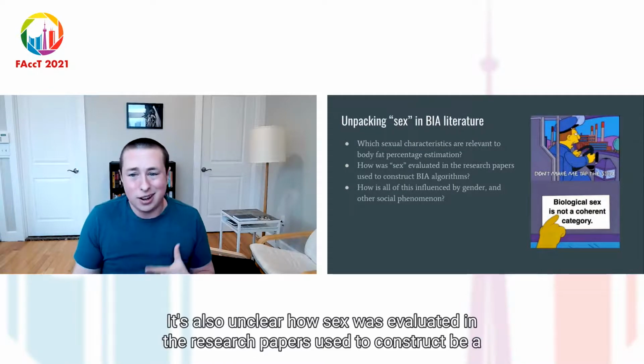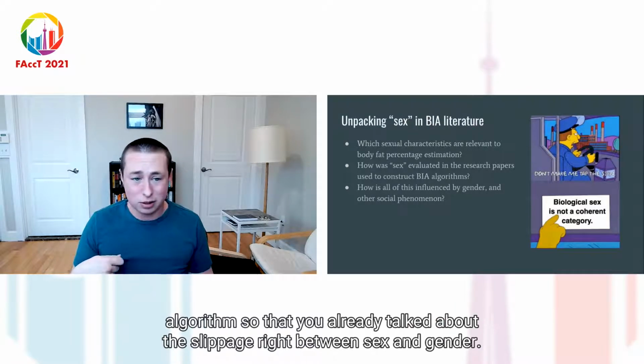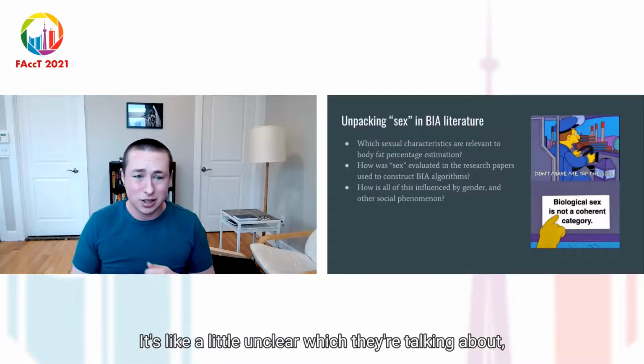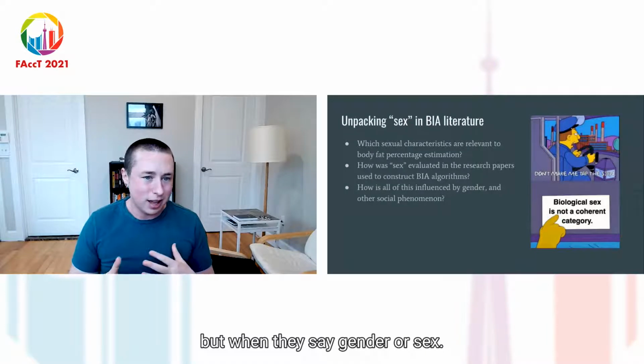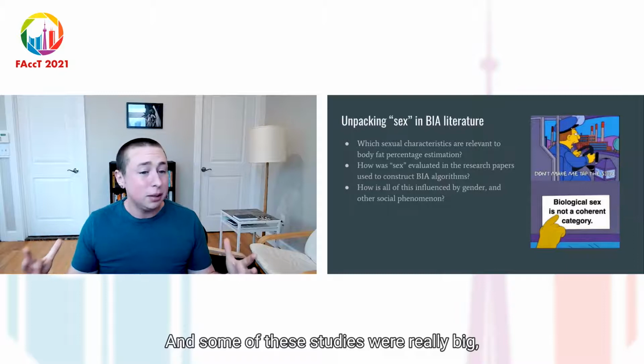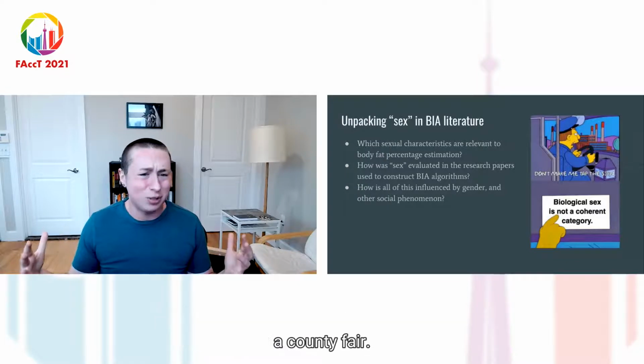It's also unclear how sex was evaluated in the research papers used to construct BIA algorithms. So Maggie already talked about the slippage between sex and gender. It's a little unclear which they're talking about. But when they say gender or sex, they don't talk about how they gather that information. And some of these studies are really big, right? So we're talking about 5,000 participants that were recruited at the German equivalent of a county fair.